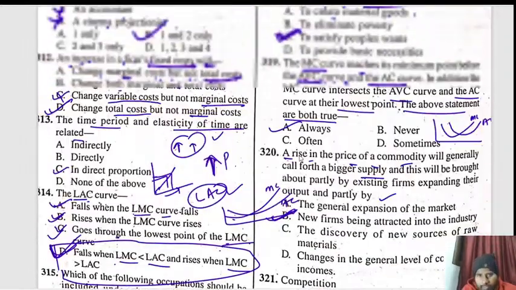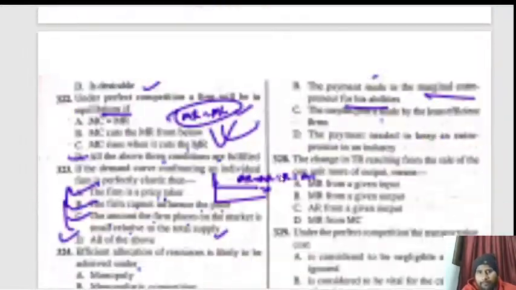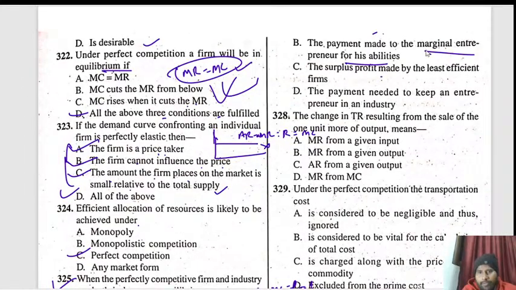If I go with option B, the payment made to the marginal entrepreneur for his abilities, it is not for the entrepreneur only, because four factors are involved: land, labor, capital, entrepreneur. The surplus profit made by a least efficient firm? No, no, no, this will be entirely wrong. So in my opinion, the correct option will be A only.